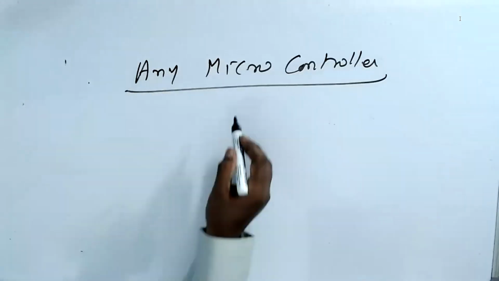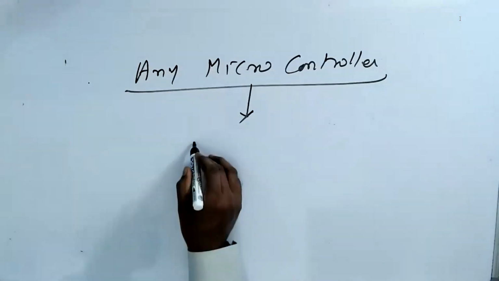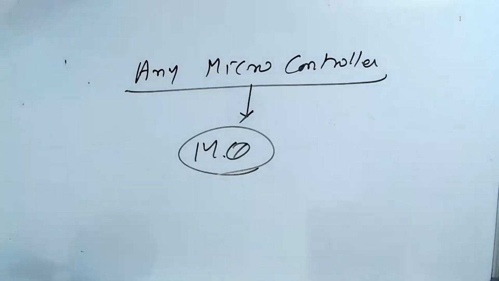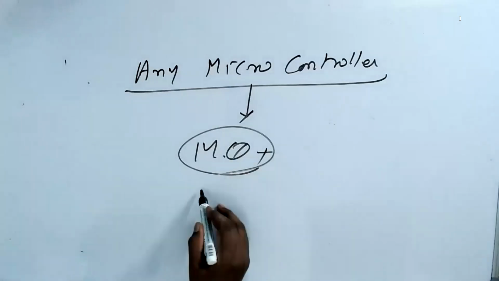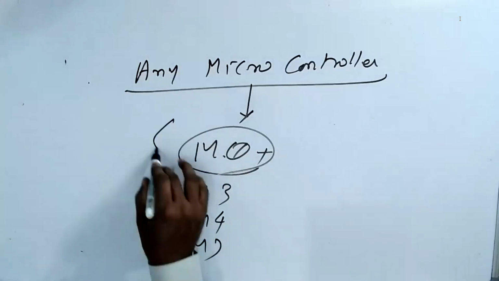After this, I will explain the same thing in Cortex M0. Both are the same. Cortex M0 or M3 or M4 or M7, all are ARM processors.